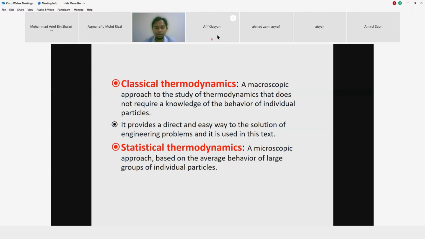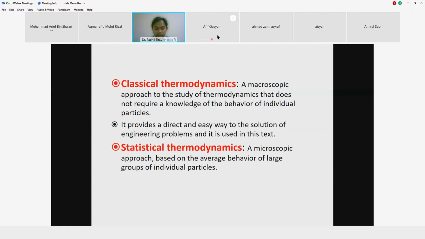Next, the statistical, the second type of thermodynamics, is a microscopic approach. Very small. We look at a very small particle, based on the average behavior of a large group of individual particles.